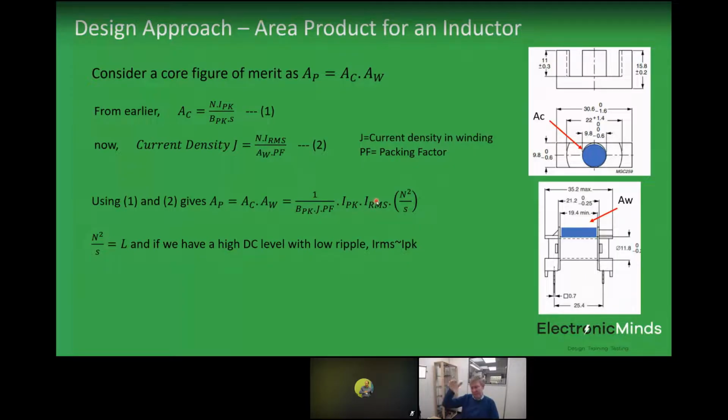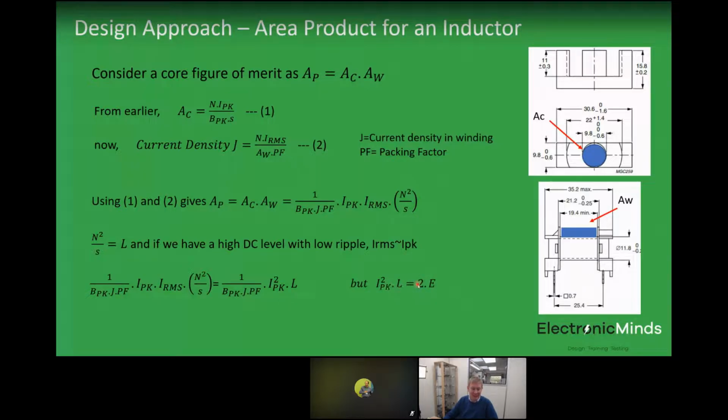If we take that assumption for this example, we could say that the RMS current is roughly equal to the peak current, because there's just a high DC level. If we take that leap of faith, you can see that this equation boils down into this equation. Stay with me.